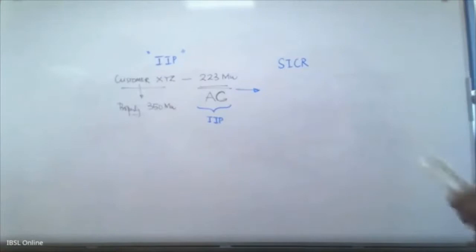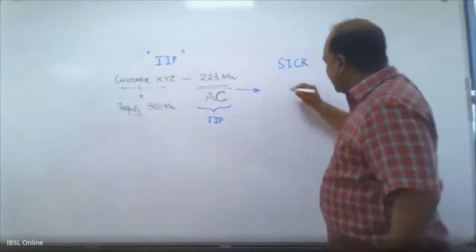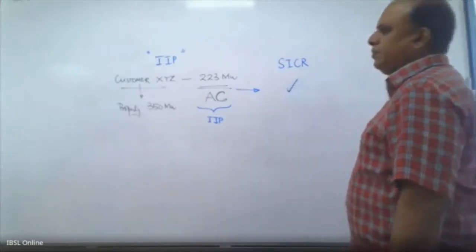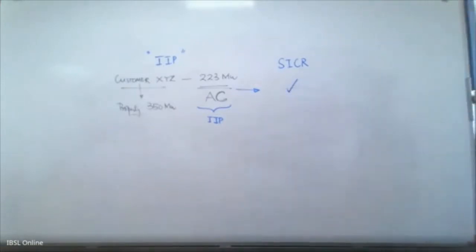I will go through just quickly the probable list. So there is significant increase in credit risk. Yes. Then I will need to see that customer under individual impairment for further testing.